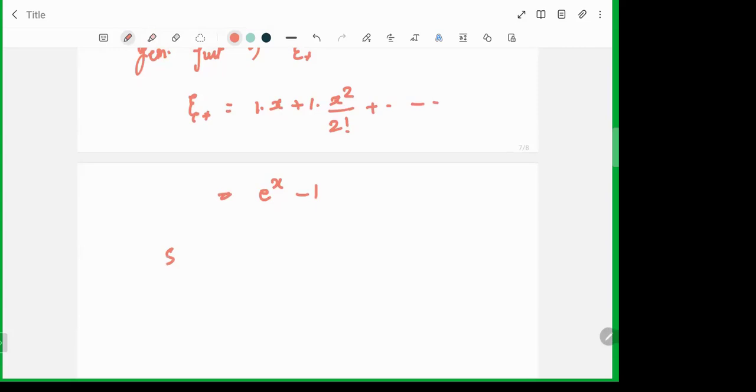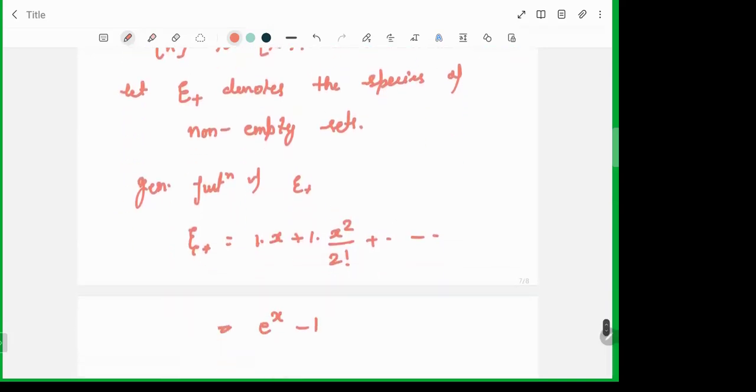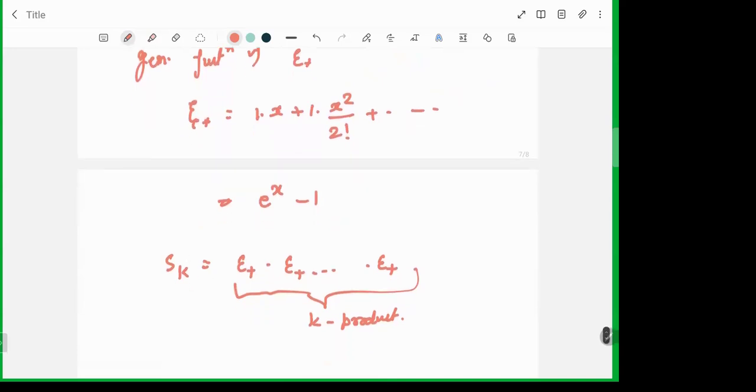Now see that S_k can be expressed as the k-fold product of E plus, right? S_k is basically the species of onto functions. So by definition, it is the k-fold product of E plus.